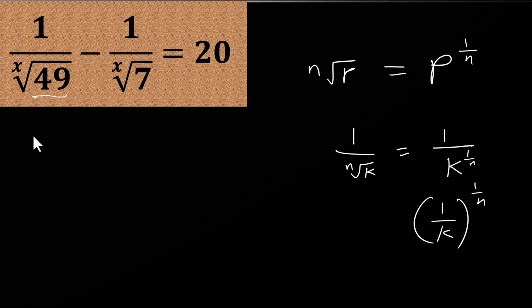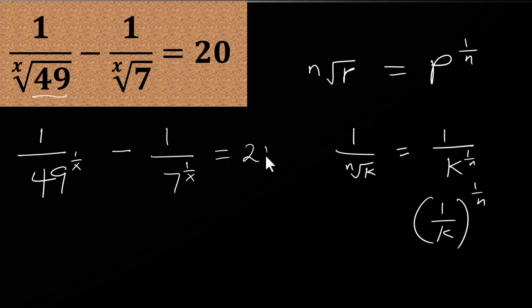So we have 1 on 49 exponent 1 on x minus 1 on 7 exponent 1 on x equals to 20.